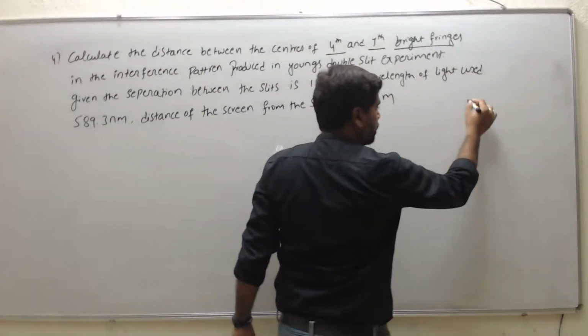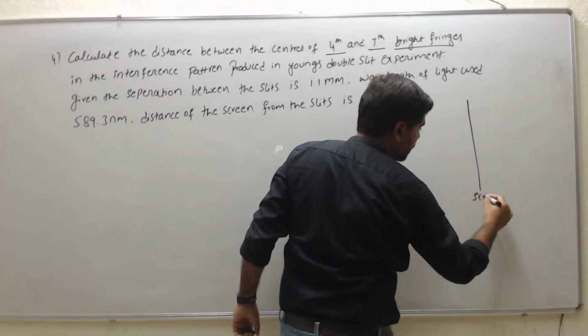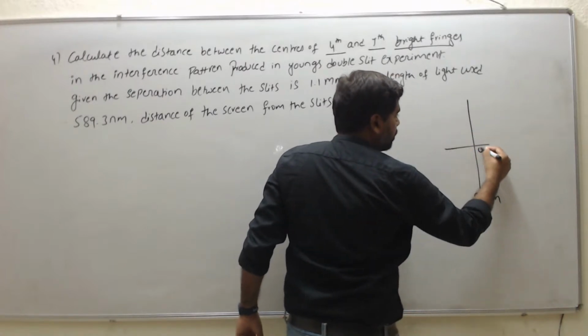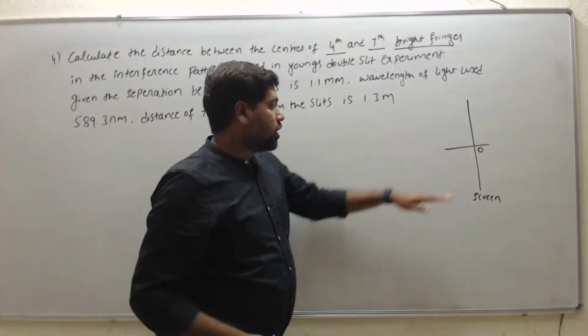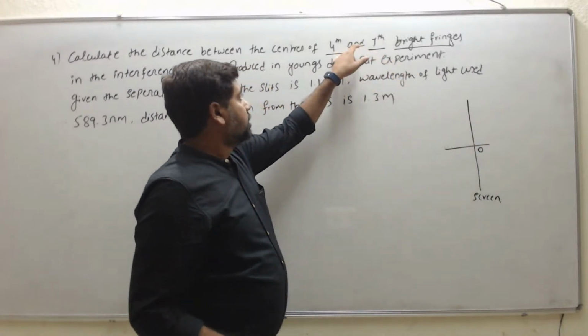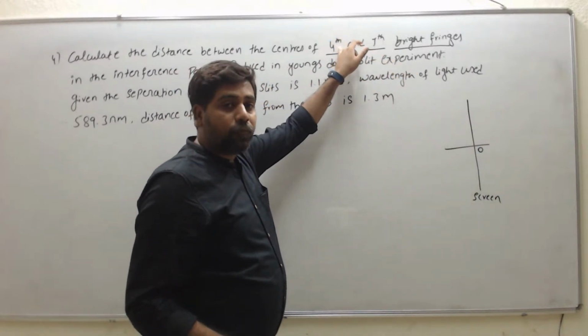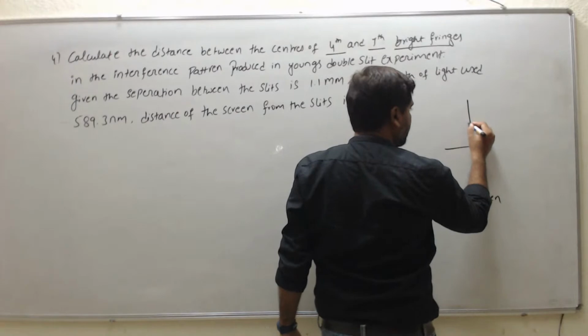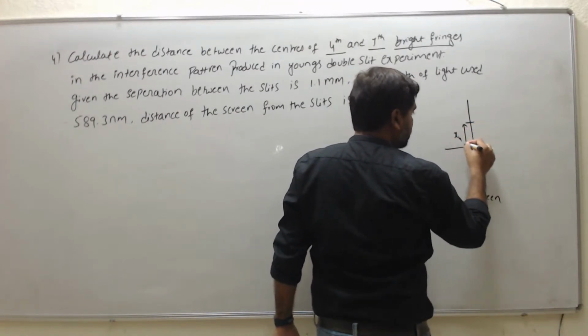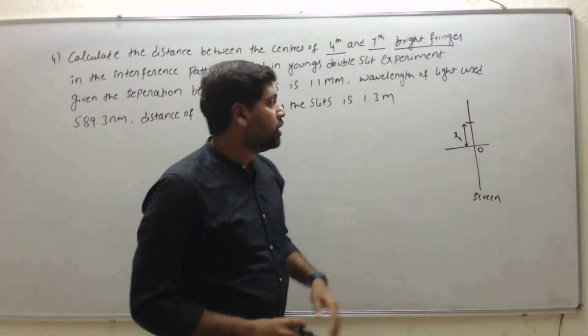So here if we consider this one is the screen, right? The center is always the bright fringe. So we have to calculate the distance x of the fourth bright fringe, which becomes x4, right?